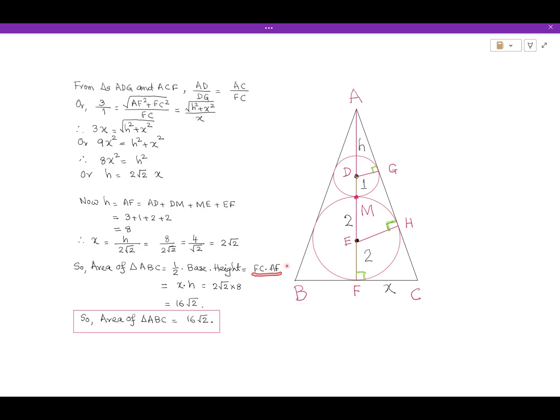Therefore, area is equal to X into H, which is 2 square root 2 multiplied by 8, and that is equal to 16 square root of 2. Therefore, the area of the triangle ABC is 16 square root of 2, and that is the answer.